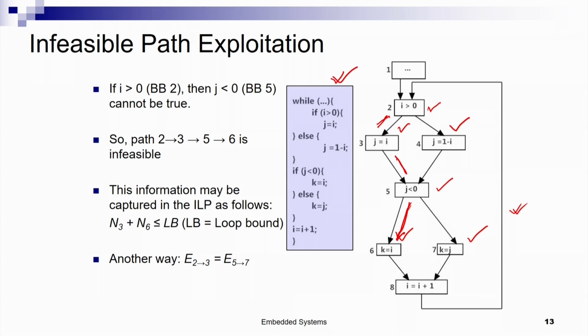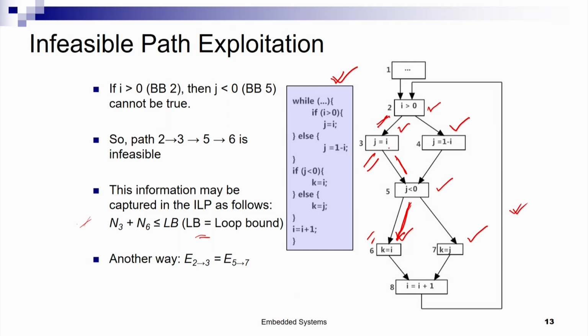This information may be captured in the ILP as follows. Suppose we say that n3 plus n6 is less than equal to the loop bound. Why? Because if basic block 3 executes, basic block 6 does not execute. If basic block 6 executes, basic block 3 does not execute.